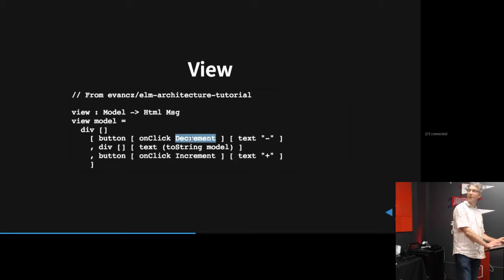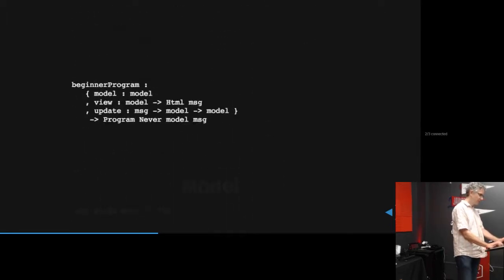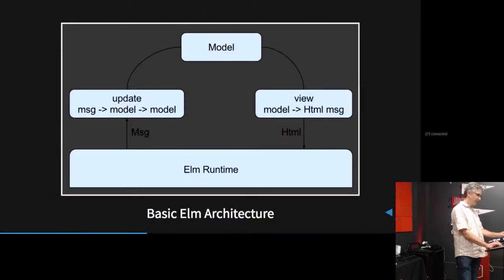And here are increment and decrement, the messages that we saw defined above. And we pass them as arguments to these existing functions on click. And then the view will produce HTML that will produce a button that, when clicked, will generate that message. Again, in the Elm architecture, we've got the view side and the update side.